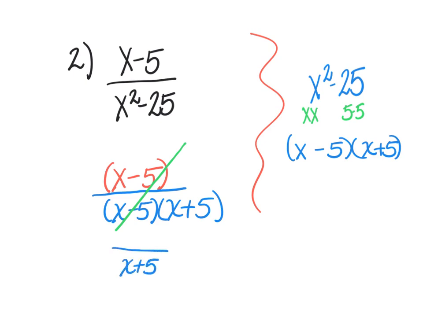But remember earlier I told you when you have common factors, they cancel as ones, but we just don't write it. So hopefully you see that you still have a 1 in the numerator. And you need to keep that 1 there in the numerator because that is what is holding the x plus 5 down in the denominator.